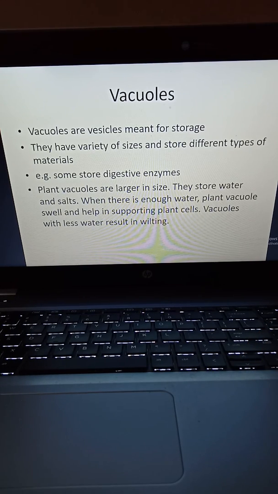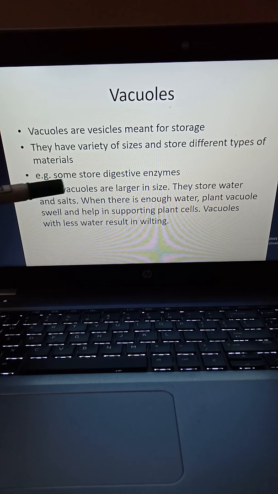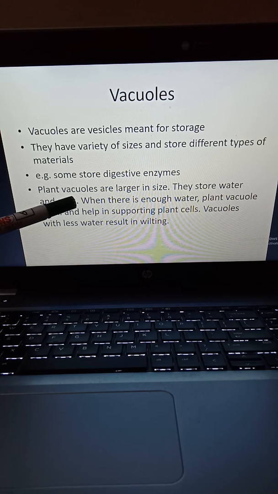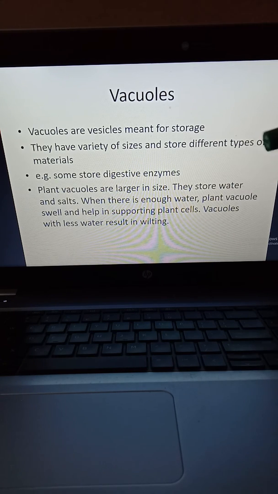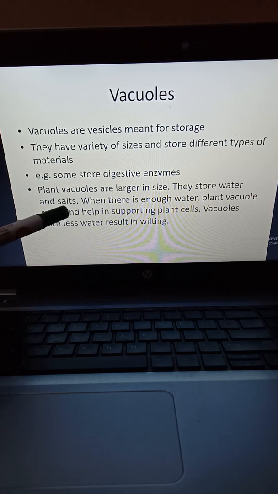For example, we take a plant cell. Plant cells have relatively larger vacuoles, and they can store a lot of water for the plant cell, and they also store salt.